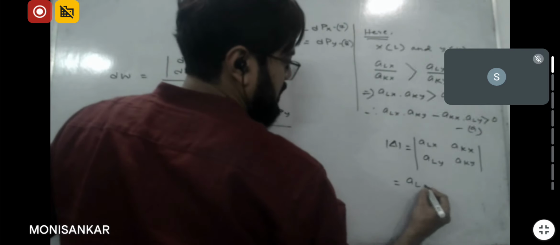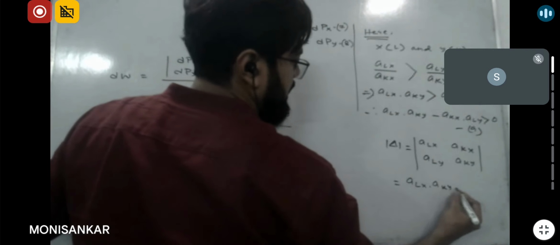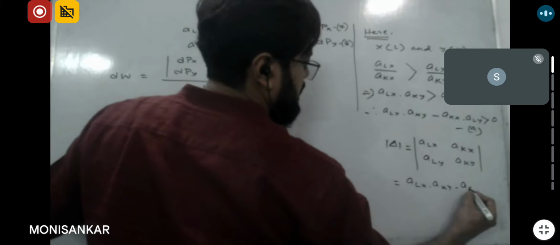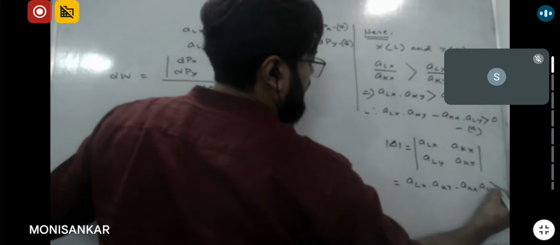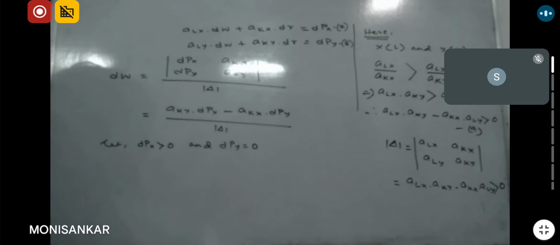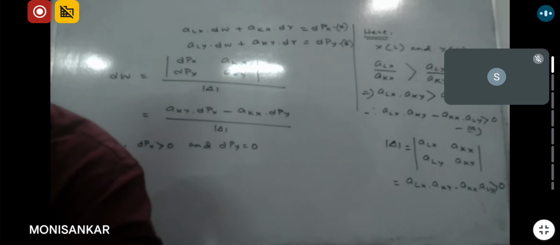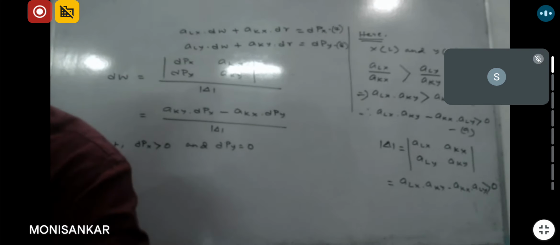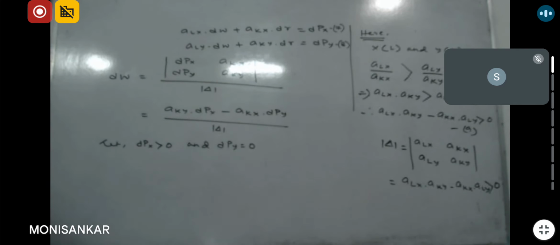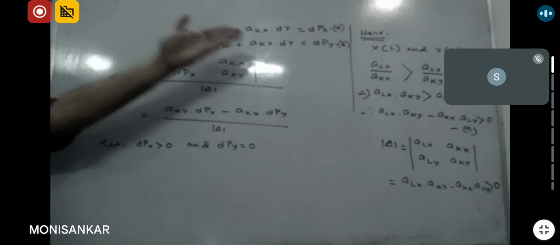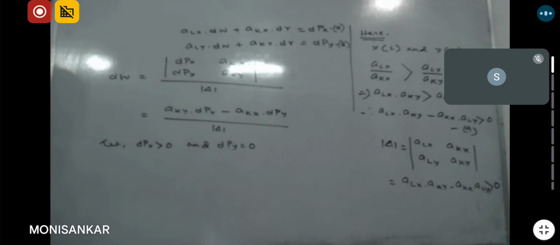Whenever you break it, Lx Aky minus Akx into Ly, you already proved the value is greater than 0. The value is already greater than 0 by assumption that X is labor intensive. That is your assumption, X is labor intensive.